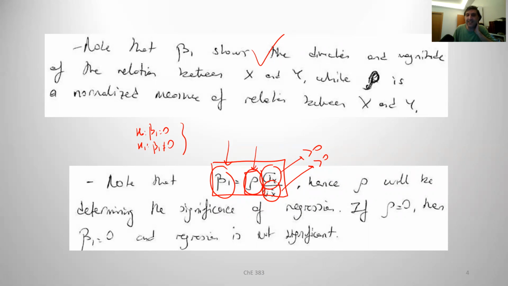Now, when it comes to correlation, let me talk about one of the conclusions about this part. Correlation is an alternative measure for the significance of regression. Depending on the magnitude of correlation, we can figure out whether the regression is significant or not. And as I said, it gives a different perspective compared to the beta 1 value. Beta 1 is more related to the magnitude of the effect, whereas correlation also takes noise into consideration and how much of the whole variation in y can be explained by the other variables.